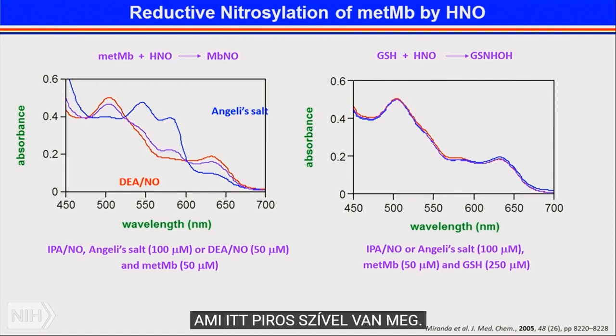In the presence of HNO, it completely converts to MbNO to form peaks at about 530 and 560 nanometers, while DNO, which is a pure NO donor, does not show these peaks. So it basically stays as metmyoglobin. This reaction was further proved by addition of GSH, which quenches HNO. So in the presence of GSH, we do not see formation of the reductive nitrosylation peaks.